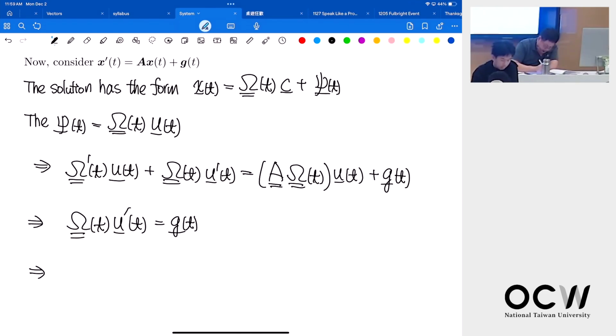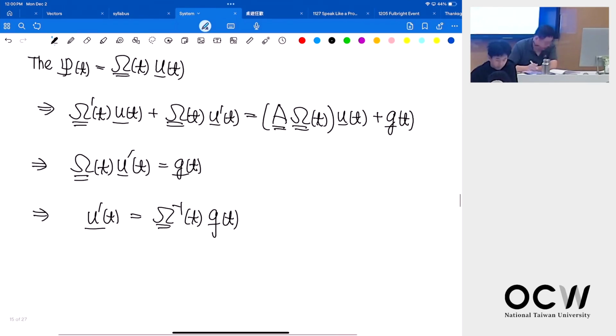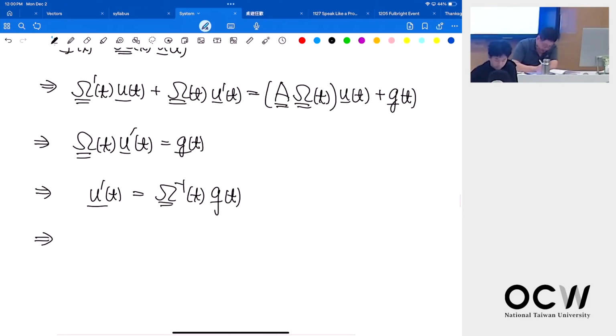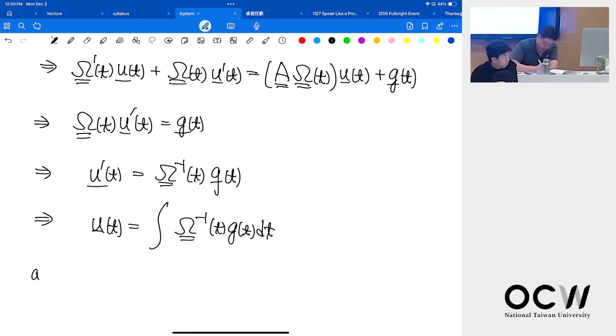So your u prime will be the inverse of the fundamental matrix times G. Then you can find your particular solution phi.